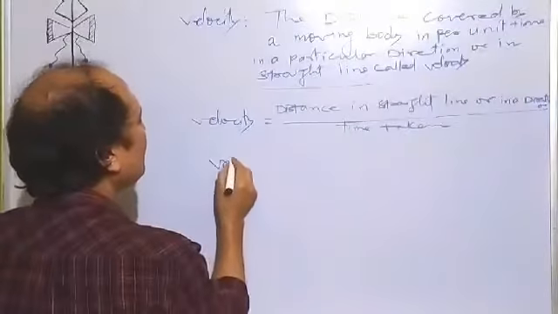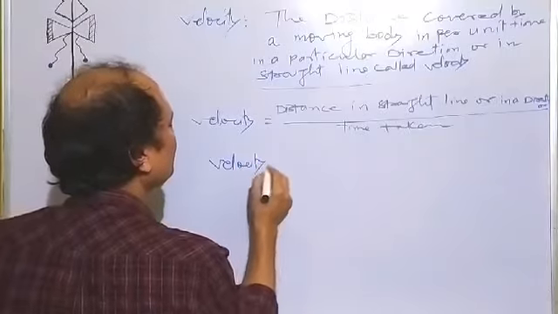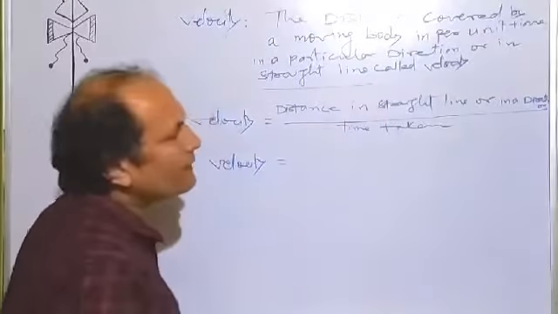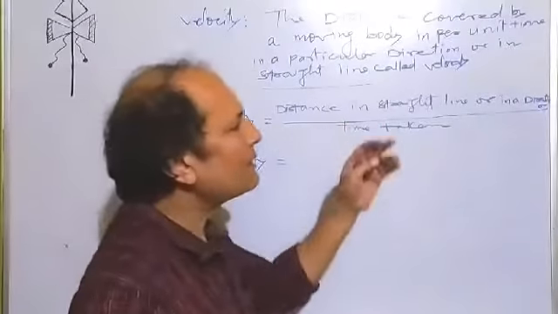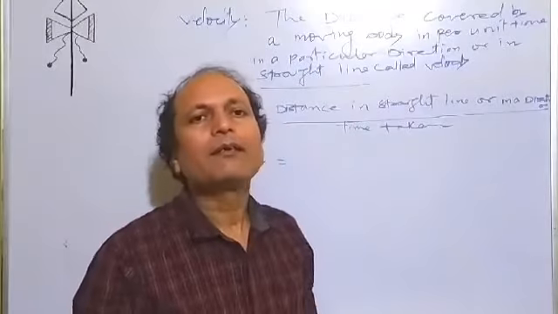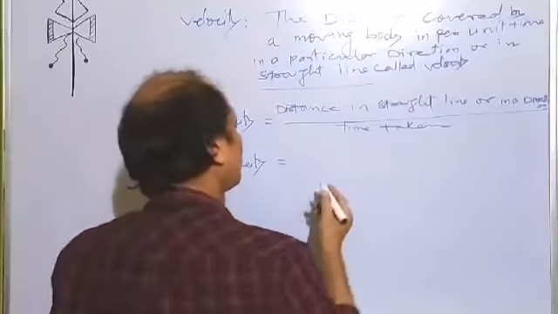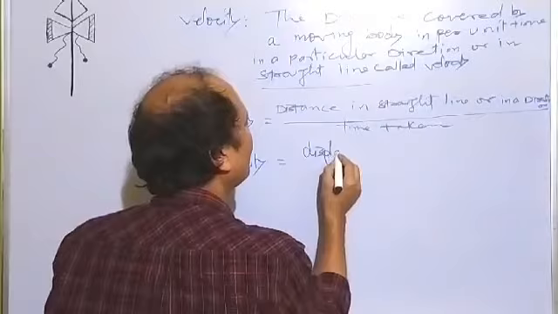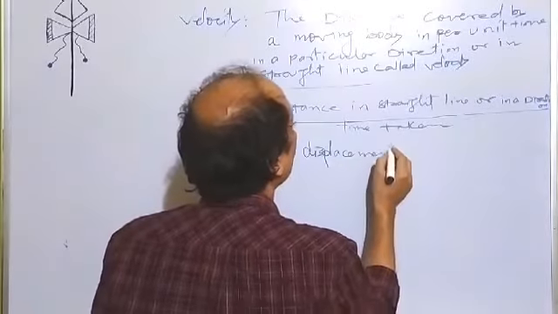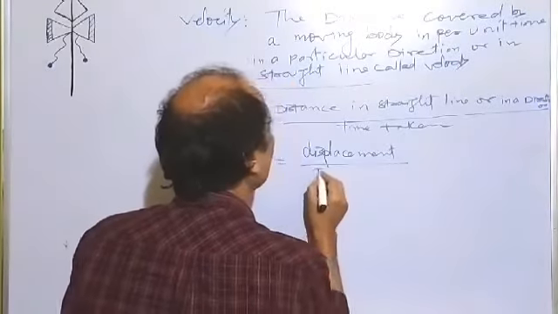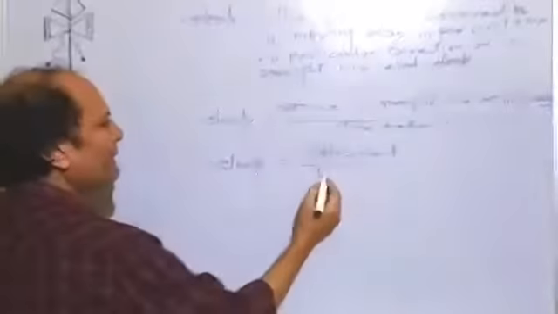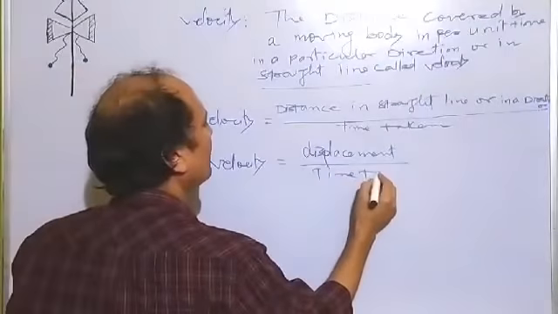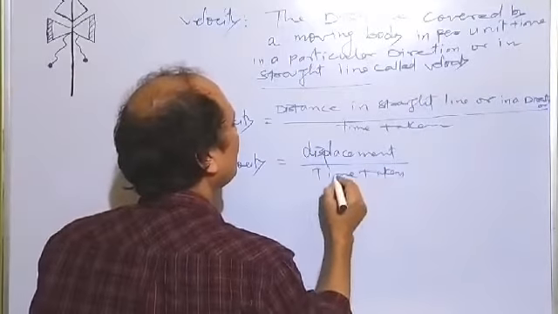So velocity is equal to distance in a straight line, and distance in a straight line is the displacement, upon time taken.